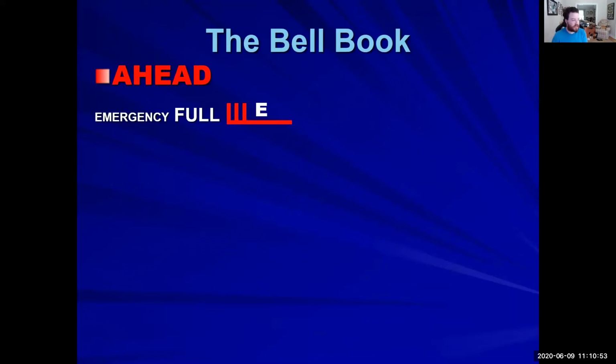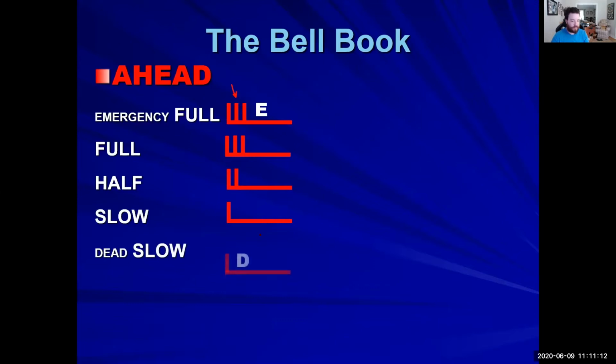That's where these symbols come from. We have a head, and our head looks like this arrow here. We have our emergency full, which is the full symbol with an E next to it. We have our full, we have half, and we have slow. And then we have dead slow.